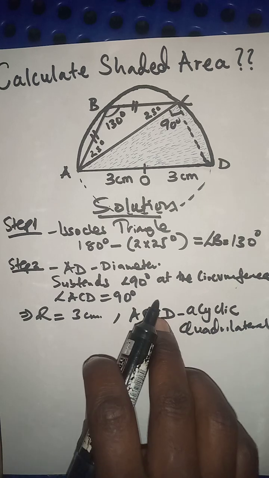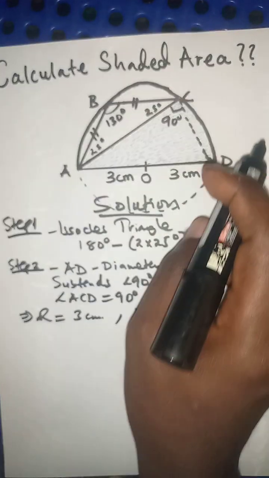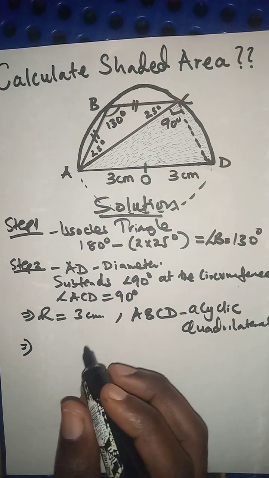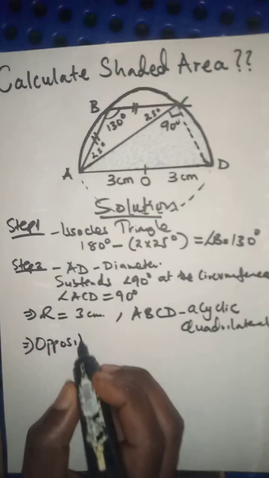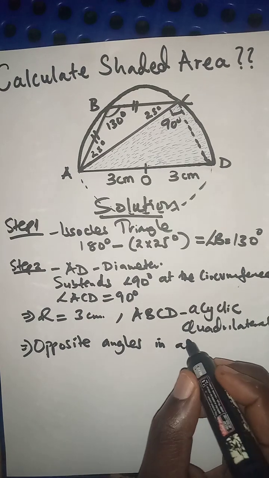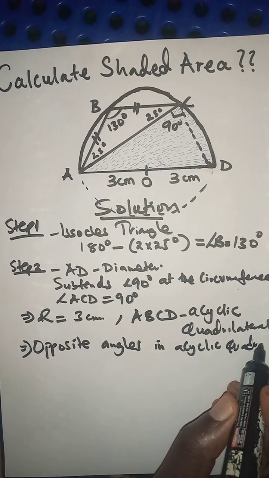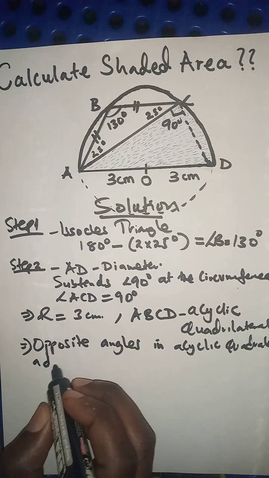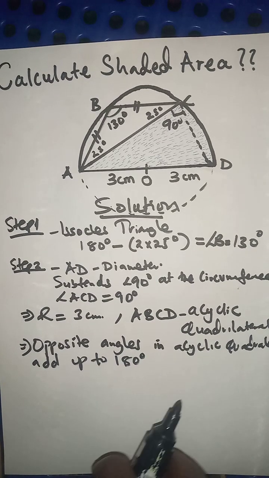Since a quadrilateral is a 4-sided figure, another property guiding the quadrilateral inside a circle is that the opposite angles in a cyclic quadrilateral should add up to 180 degrees.